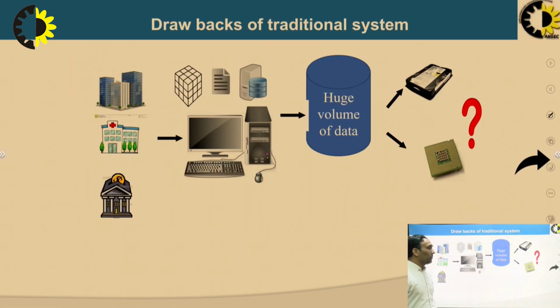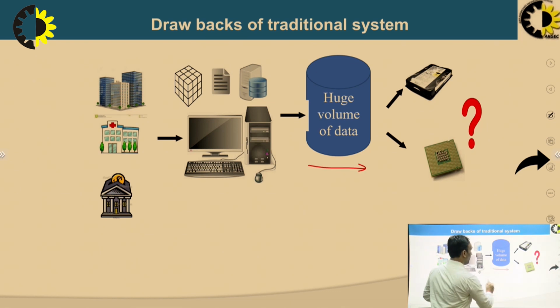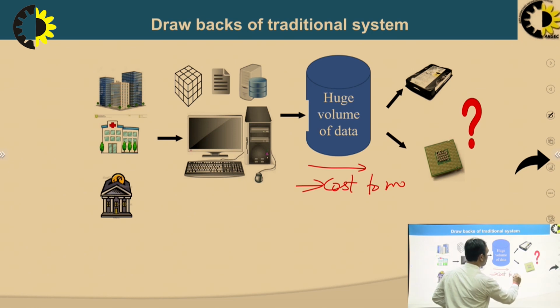Now let's have a look at what the drawbacks of the traditional database system are, as I said earlier. If we talk about managing a huge volume of data, it is obvious it will cost more to manage servers, right?